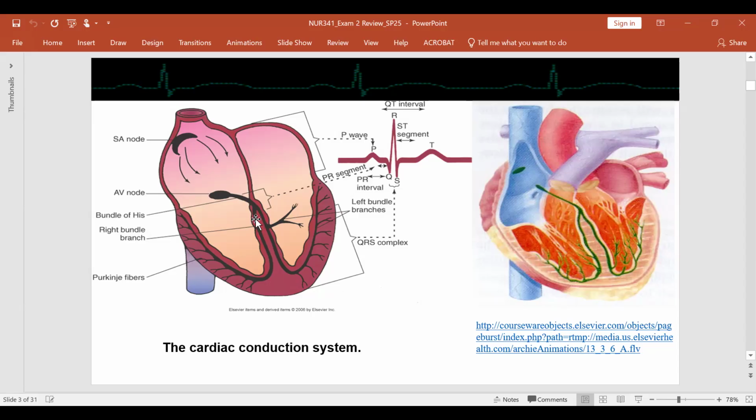All of this electrical conductive system is phase 1, prior to the contraction. First we need electrical conductivity before we see any mechanical activity, like atrial contraction, which comes after the electrical conductivity.